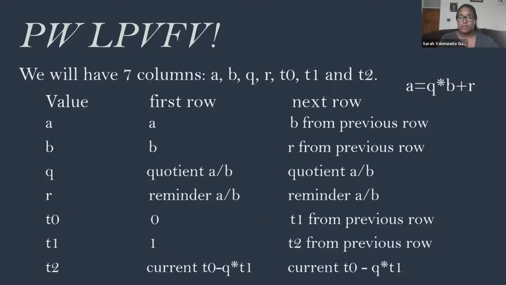These three values come from the Bezout identity. I am not going to explain this here, but if you want to know, I will leave you some information later. This value is equal to T0 minus Q times T1 because it has a relation with the remainders in the Euclidean algorithm.